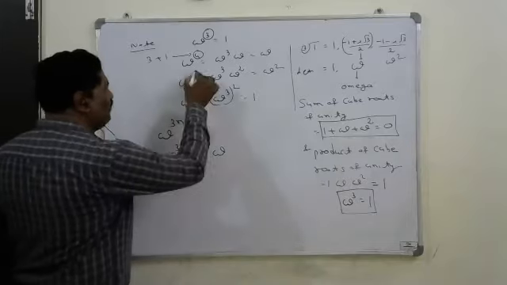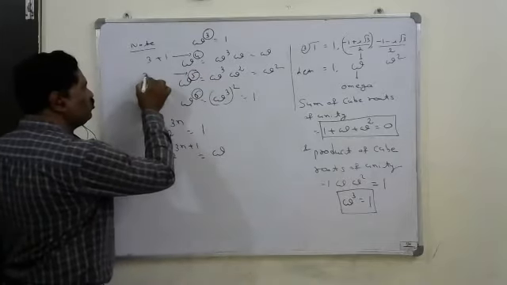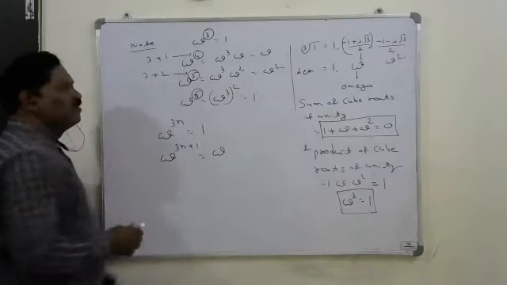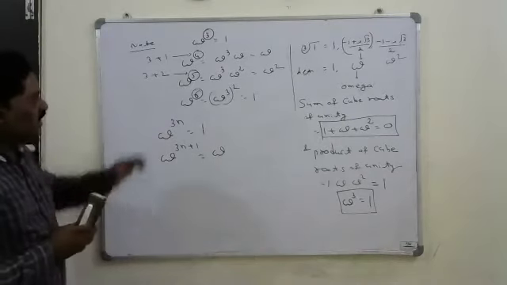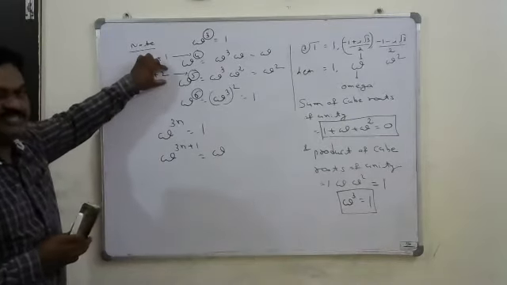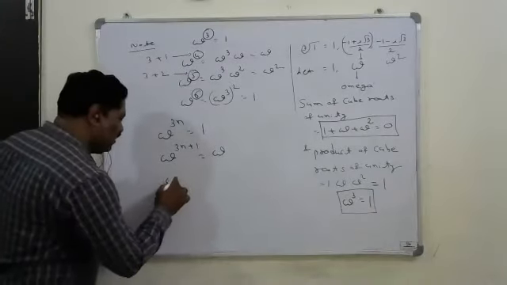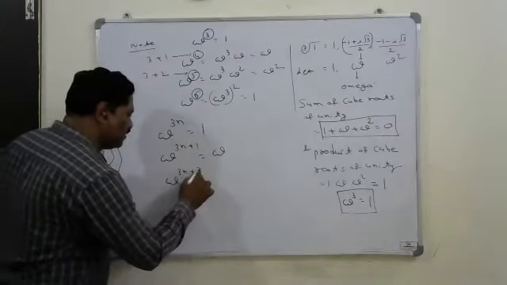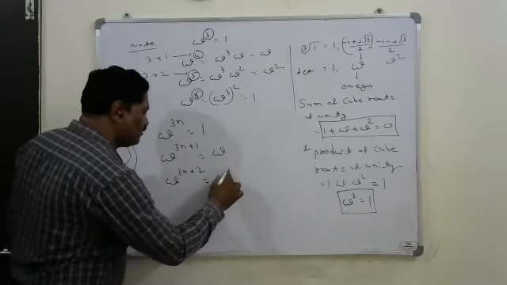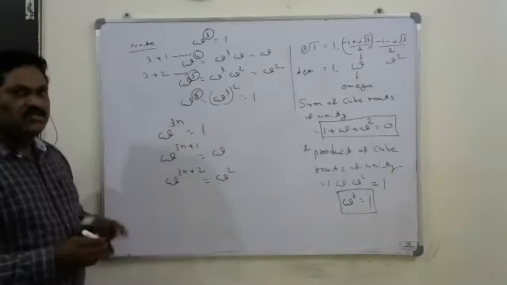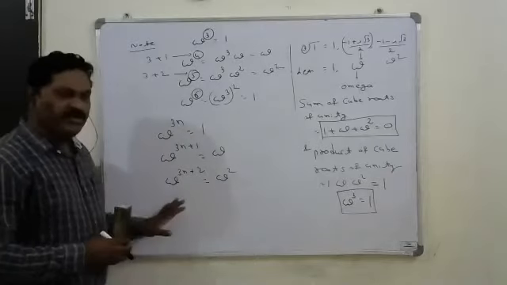Similarly, here 5 is there. This 5, I can write as 3 plus 2. If the power is of the form multiple of 3 plus 2, that is omega power 3n plus 2, then the answer is omega square. So always remember this point.